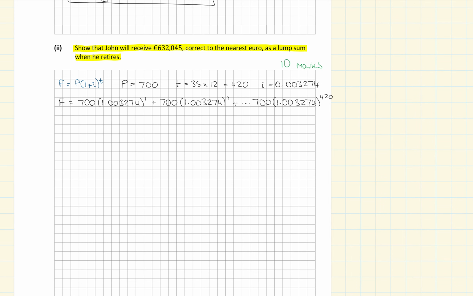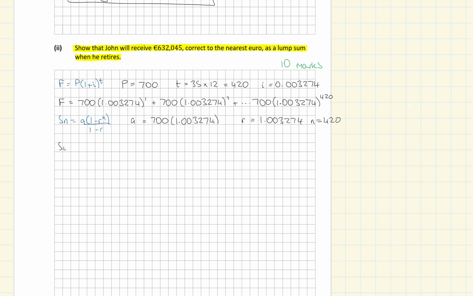So now we use our sum to n formula. So that's a times 1 minus r to the power of n all over 1 minus r. A is equal to 700 times 1.003274, the interest. It's changing by 1.003274 every time, and n equals 420.